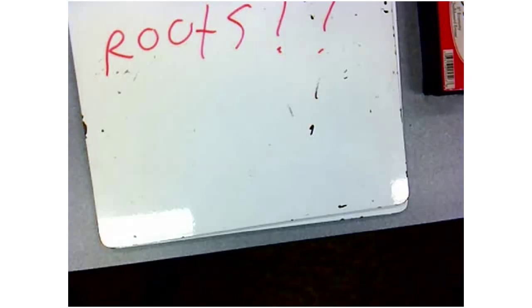So if you saw the square root of x to the 8th, that's the same thing as x to the 4th, because all that means is x to the 4th squared is the same thing as x to the 8th. It works the same way with this B here.